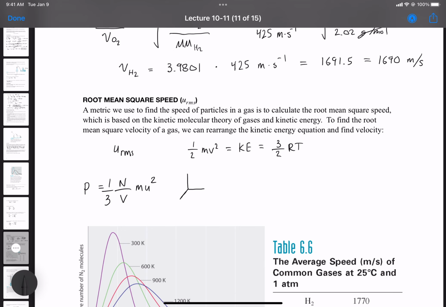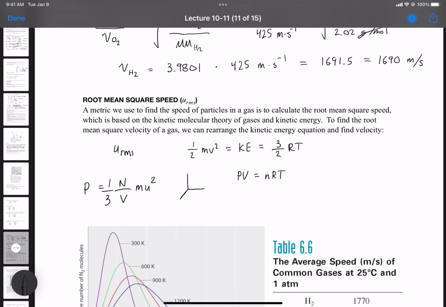Okay, so now if we plug this into the PV equals nRT equation, we can solve for pretty much kinetic energy now. So if we now rearrange this equation, let's see here.